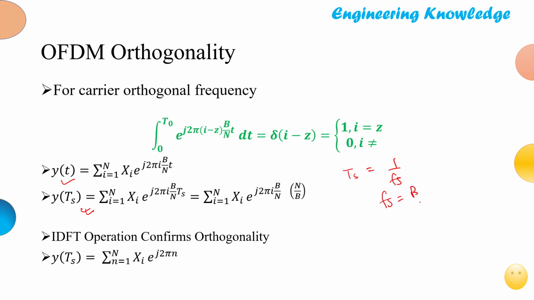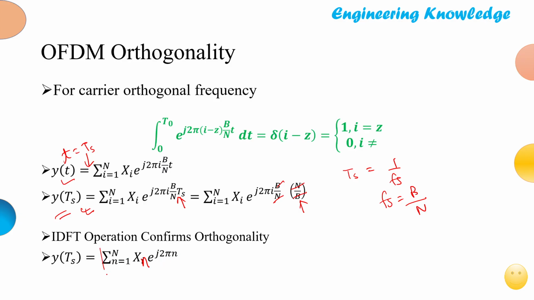It was B upon N, total bandwidth B divided by the number of subcarriers N. So if I take t equal to Ts in this equation, I have y of Ts, where Ts is nothing else but N upon B, and therefore this cancels out, and what you get is the summation n equal to 1 to N of x_n, e raised to the power j 2 pi n.